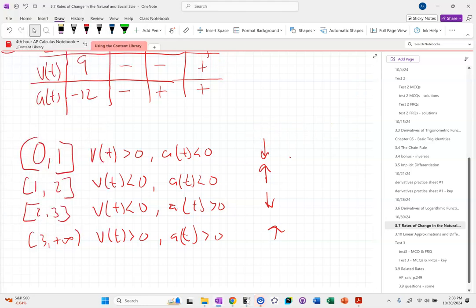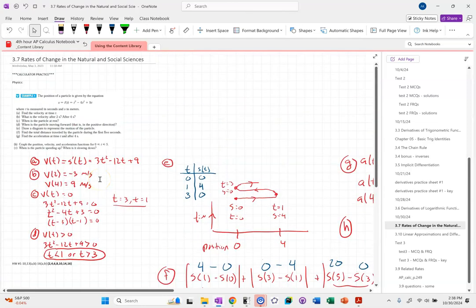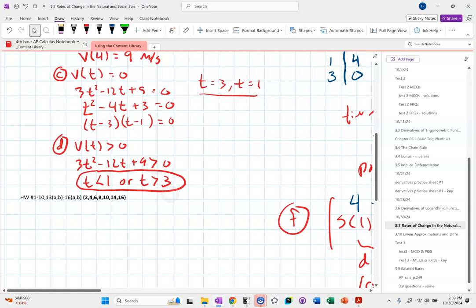That's the gist of the idea for this section. In fact, I don't think we really need to do anything but the bold problems here. Just do 2, 4, 6, 8, 10, 14, and 16. Just do the boldies. That should be fine.